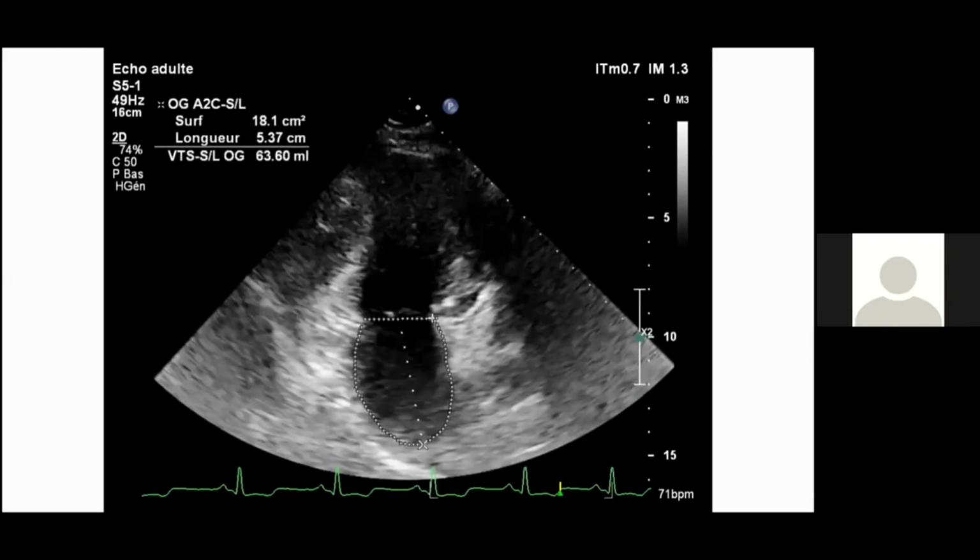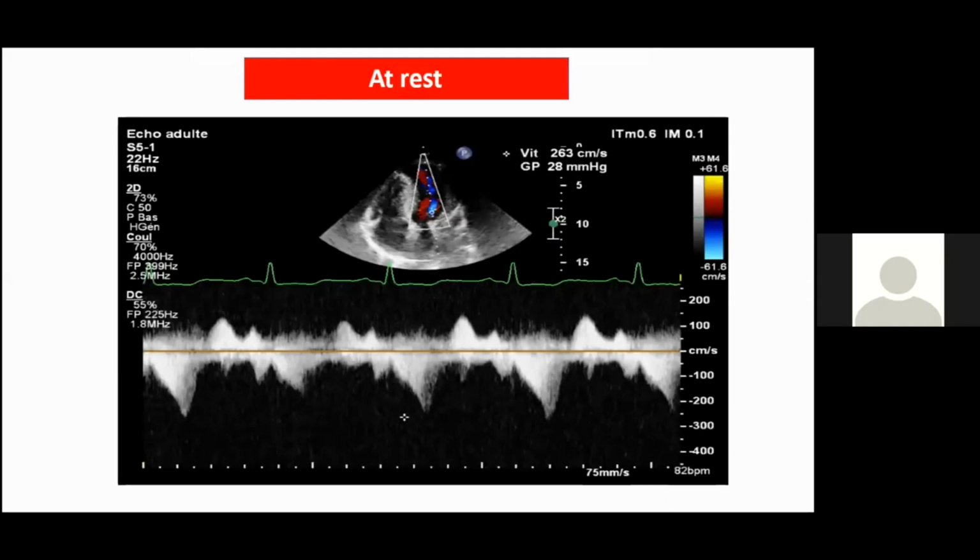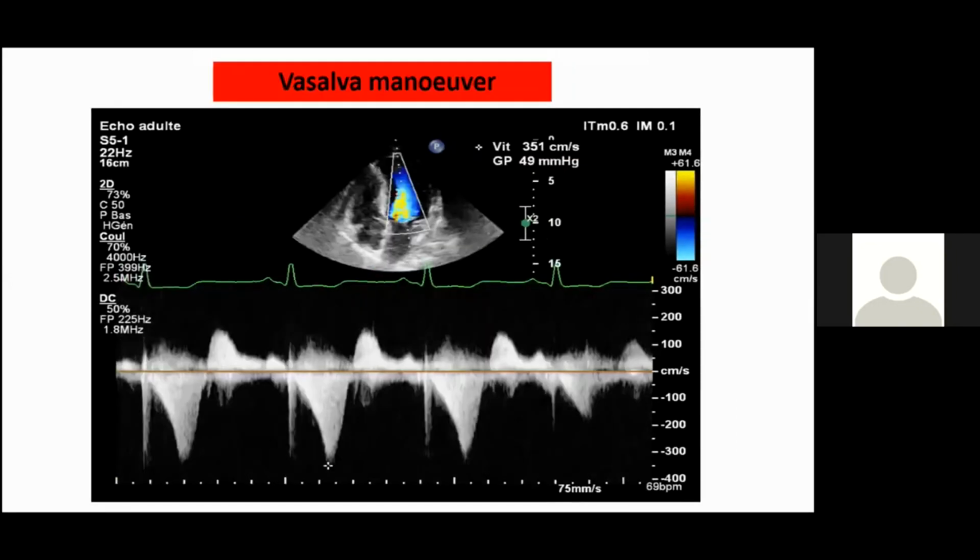The left atrium was dilated, with an indexed volume of 36. This is the LVOT gradient at rest. It was 28 millimeters of mercury, and after provocation with the Valsalva maneuver, the LVOT gradient increased to a value of 49 millimeters of mercury.